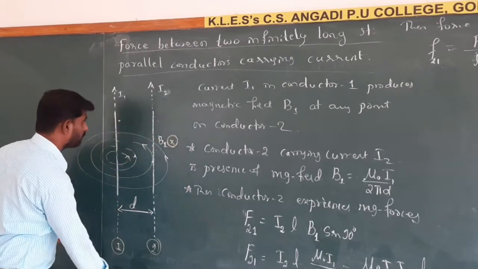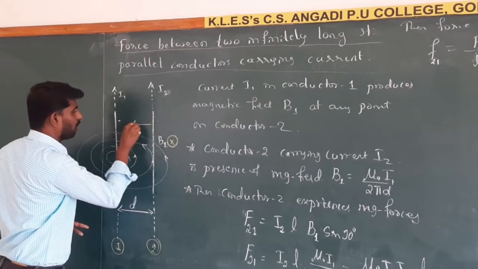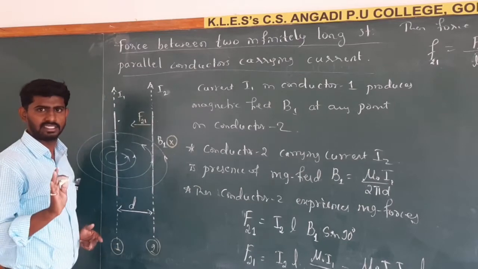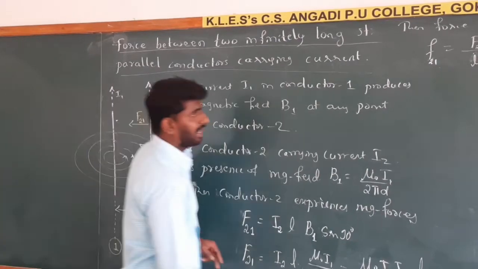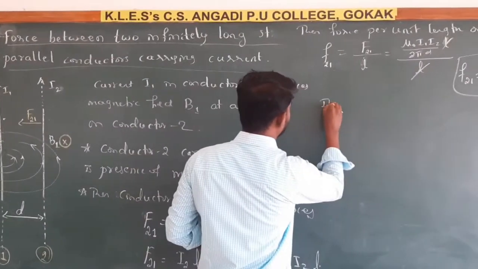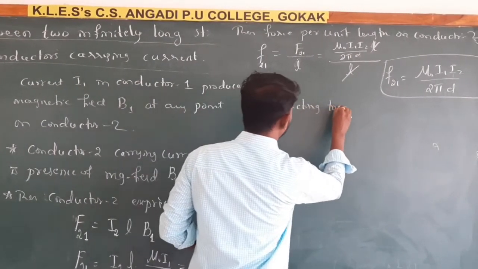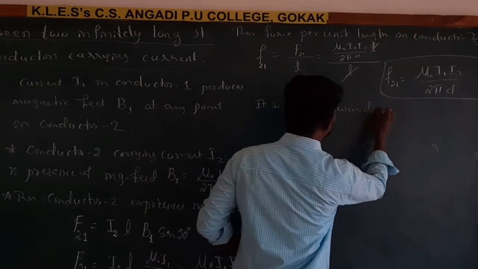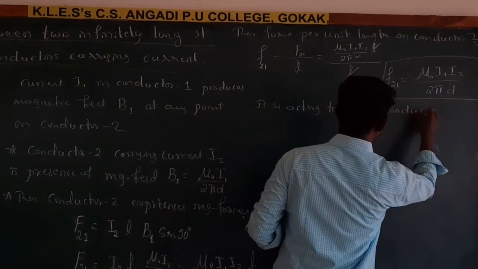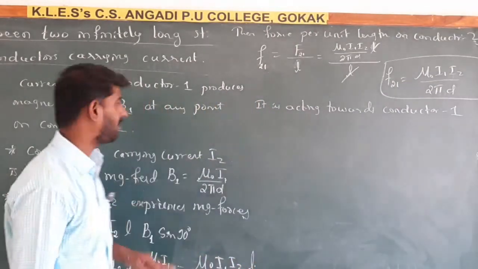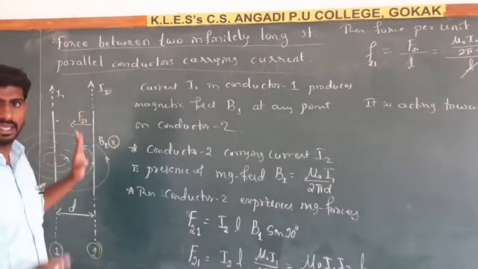So this is my force: force on the second conductor due to the first one. Is it clear? Okay, so I will write it is acting towards conductor 1. Which one is conductor 1? So this one. Clear now?